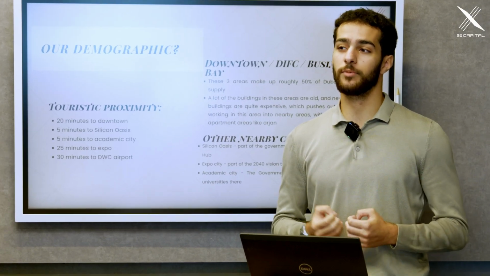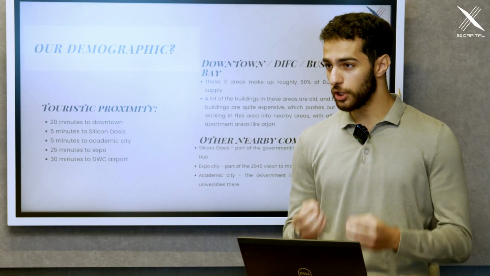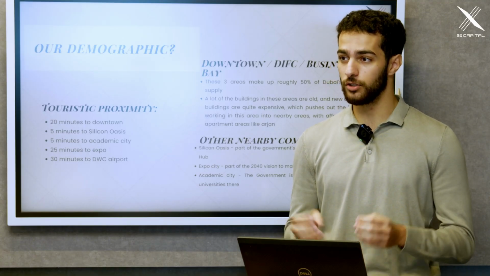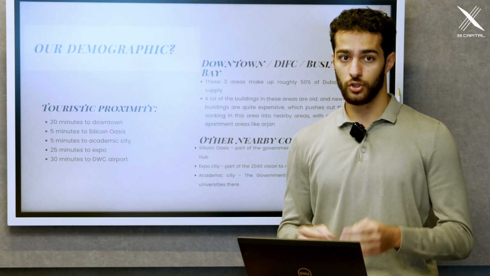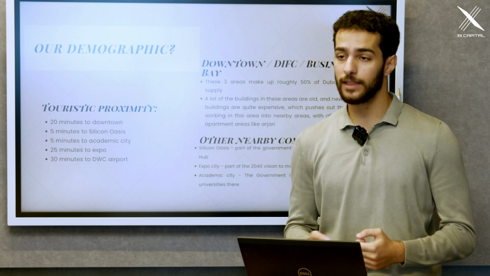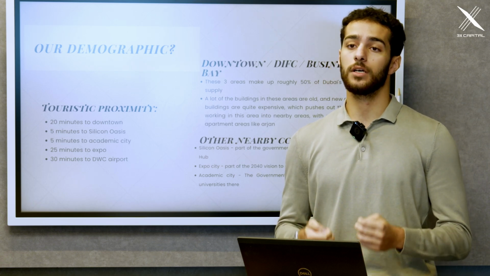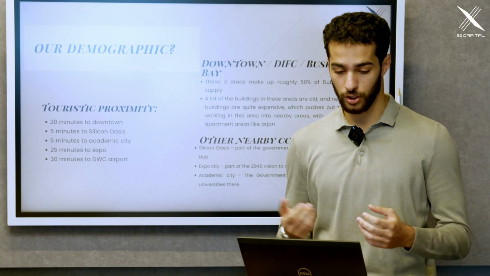So this is something the Dubai government is really working on and investing a lot of money in, to make sure that students continue to study university here and potentially attract foreign students. So that's our third tenant demographic: the people working in Academic City and all the students who are going to be studying over there.